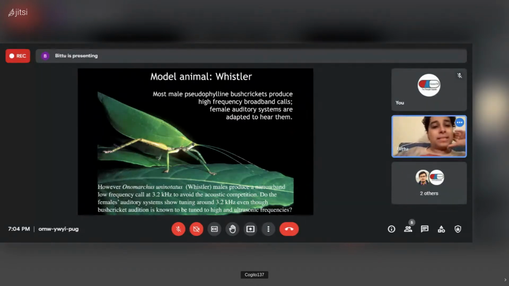And so this animal mimics the tree that it sits on to such an incredible extent that it's quite hard to find them when you're doing a visual search for these insects. But as you've heard from the song, it produces this beautiful whistling call, which is why it was called Whistler.